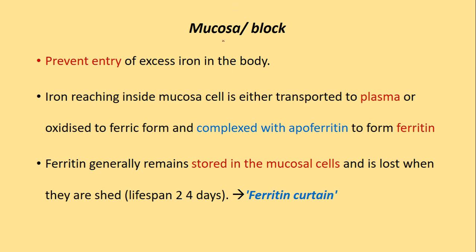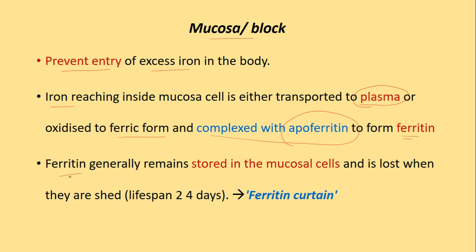So what do you understand by mucosal block? Mucosal block is a phenomenon where the body prevents excess iron from entering. Once the iron reaches the mucosal cell, either it will be transported to plasma from the mucosal cell, or it gets oxidized to the ferric form and complexes with apoferritin to form ferritin.